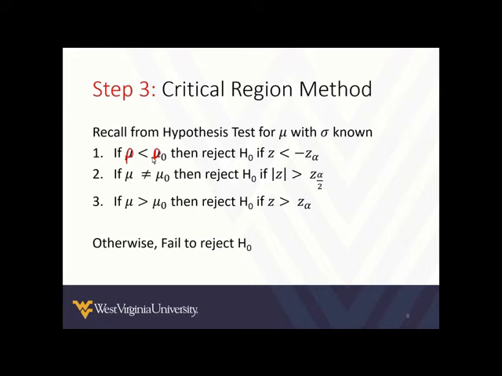And from before, if mu was not equal to mu naught, which will now become if p is not equal to p naught, then we will reject the null hypothesis if the absolute value of z is greater than z alpha over 2. And if originally we had mu greater than mu naught, we will now have if p is greater than p naught, then we will reject the null hypothesis if z is greater than z alpha. Otherwise, we will fail to reject the null hypothesis.